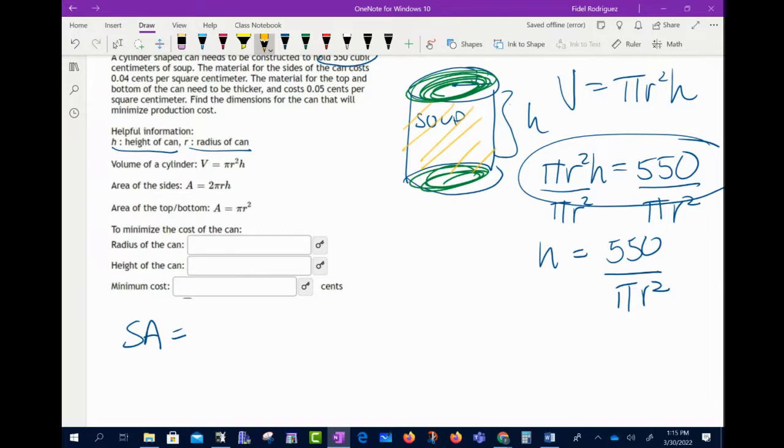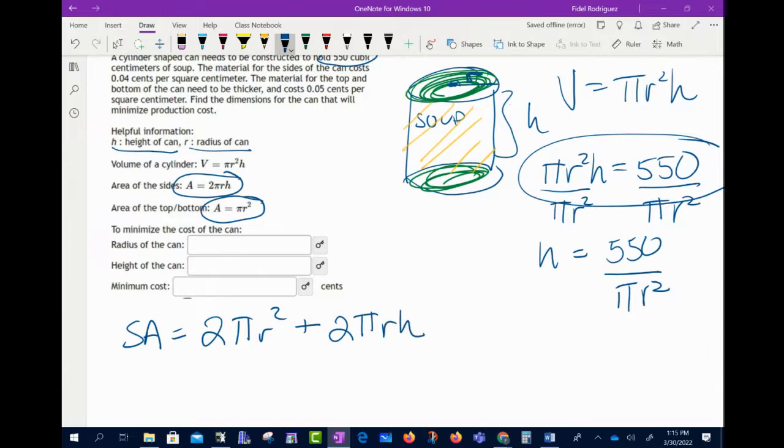Okay, so we have two tops and bottoms. If this is r, we know the area of the top and the bottom is pi r squared, but how many tops and bottoms do we have? We have 2, right? So surface area is going to be 2 pi r squared, okay? And the area of the side is 2 pi r h.